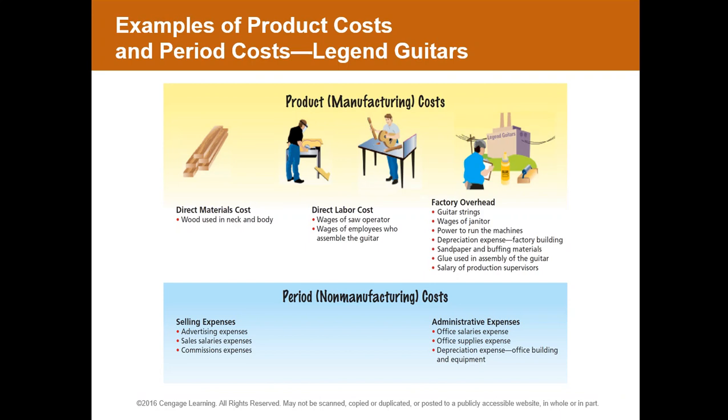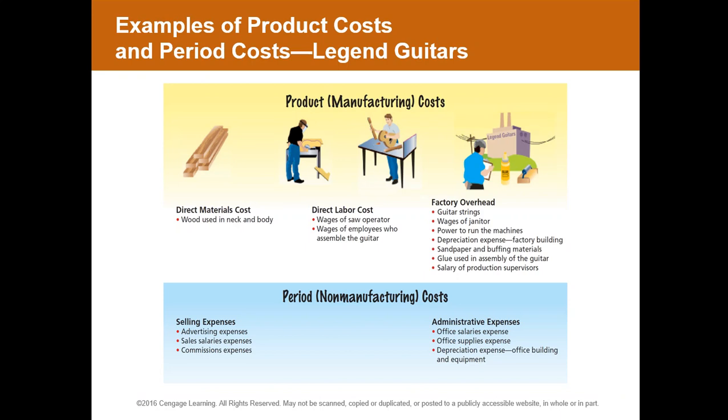There are period costs, again, after that thing is done and ready to be sold. You're going to advertise it. You've got your sales staff. They may be paid commission depending on the type of industry it is, and any of the office salaries, your accounting staff, any office supplies, and depreciation expense on the office building.